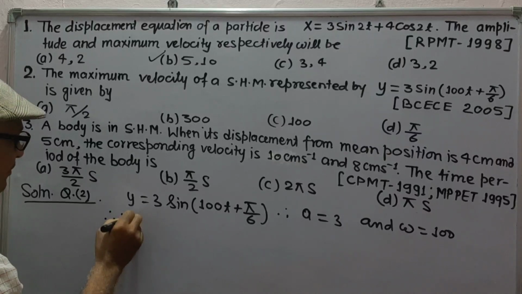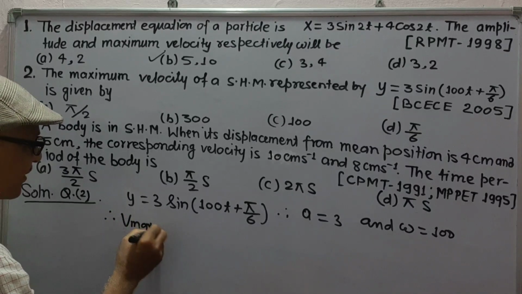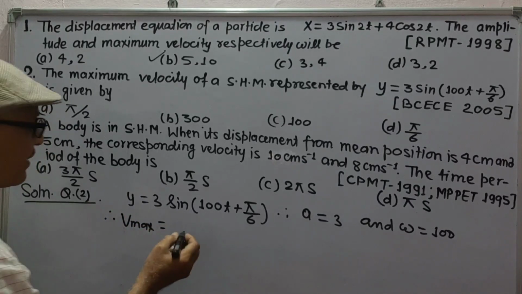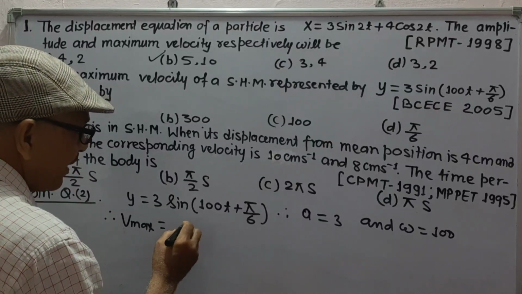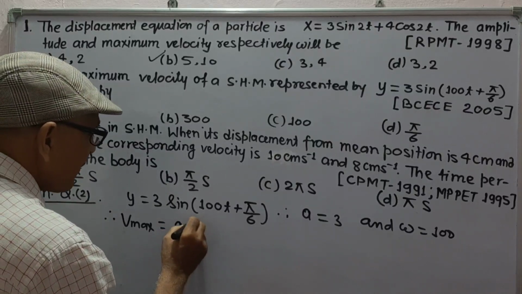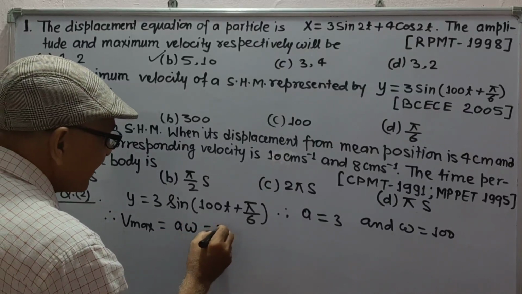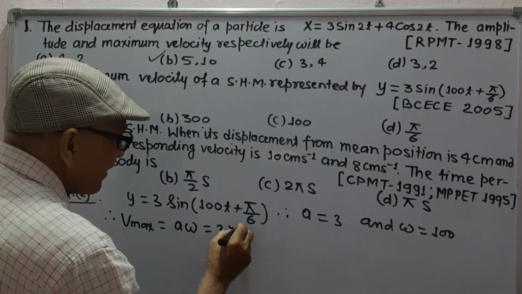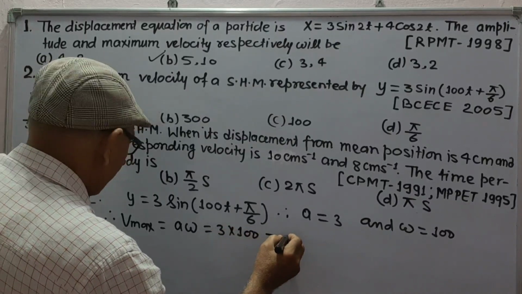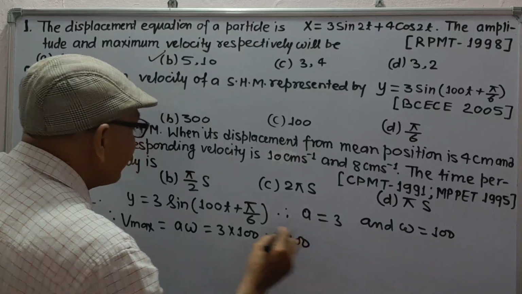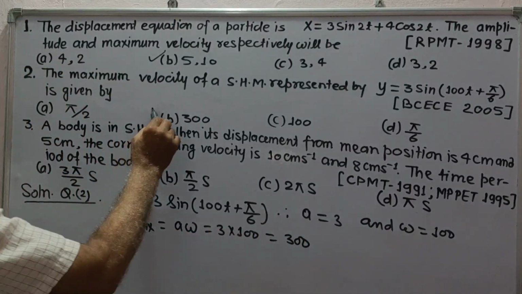Therefore V max will be equal to A omega. A is 3 and omega is 100. So V max will be 300. So the correct option will be B.